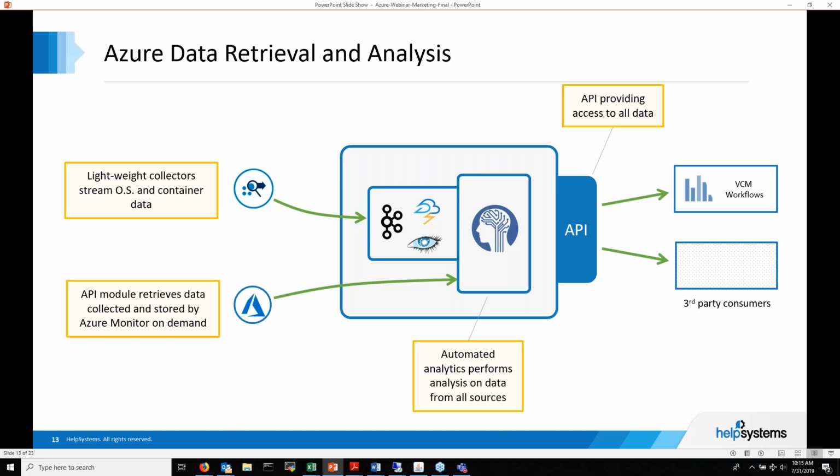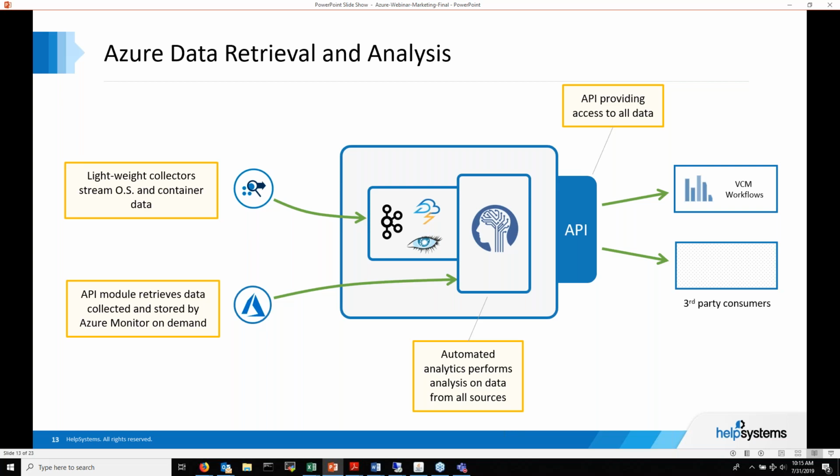With both those sets of data available to us, then we can abstract that away, if you will, and our analytics can run on top of both sets of data without regard to where the data is coming from or how it was collected. And this is true across the Azure platform, and it's also true as you add in AWS, which we support, VMware vSphere, data from Unix operating systems. Again, our analytics are designed to work with all those data sources, regardless of how the data is collected and managed.